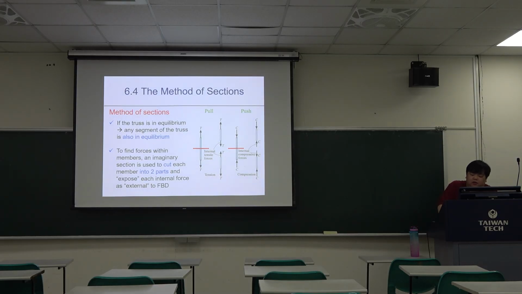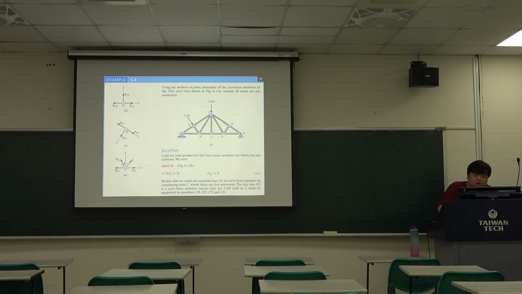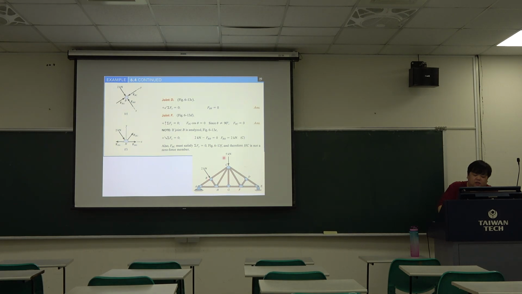Okay, and the method of joints can sometimes require lengthy calculations. So if we only want to determine the force in specific members, we can use the method of sections. If you use the method of joints, you need to calculate every joint and every member force to get the answer.